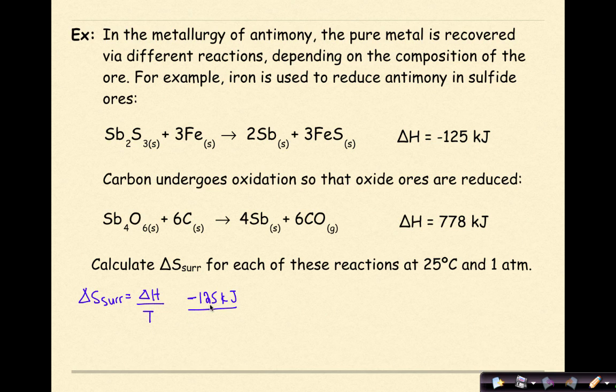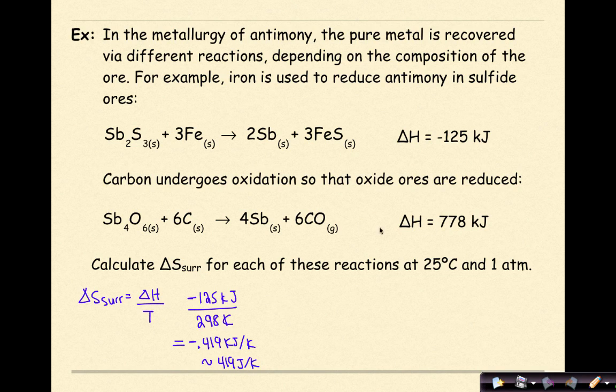We need this to be in Kelvin, so we're converting 25 degrees Celsius into Kelvin, which we know is 298 K. We're going to find that to be negative 0.419 kilojoules per Kelvin. But in this case, because we're working with entropy and entropy is reported in joules, we're going to want to convert this over to joules. So that means it's 419 joules per Kelvin.